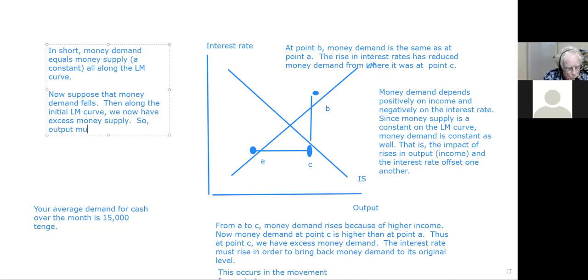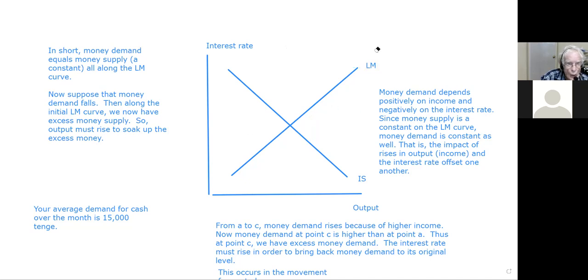So output must rise to soak up the excess money. This means that the LM schedule is shifting to the right.